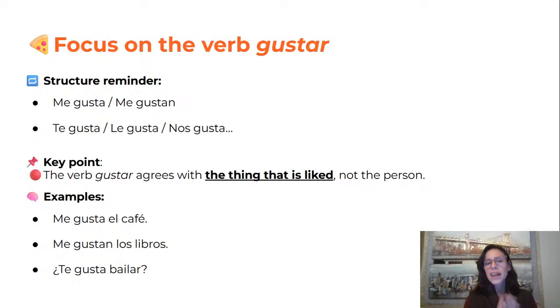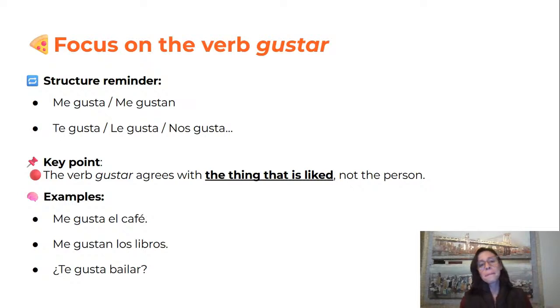Let's do the first recap. First of all, the verb gustar is a regular AR verb. So that means that we will keep the same endings that we studied on Tuesday. We can perfectly apply them to the verb gustar, and the outcome will be the actual conjugation of the verb. So no worries, you can simply get the regular AR verb endings and put them on the verb gustar, and the outcome is correct.